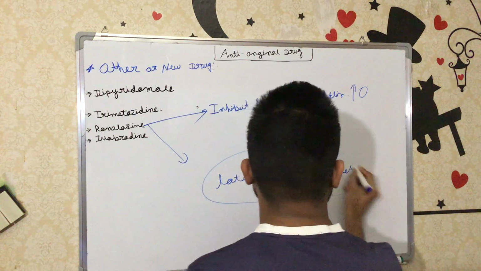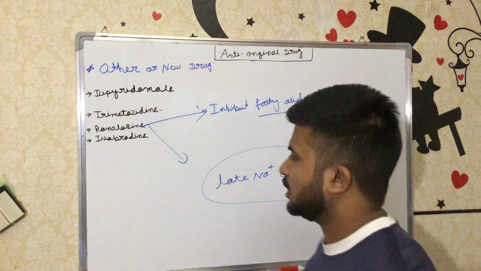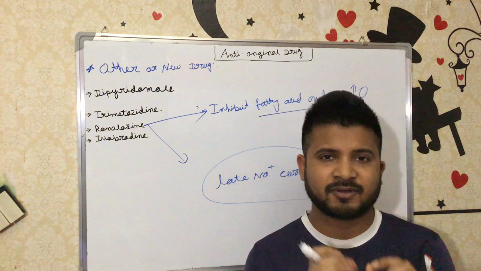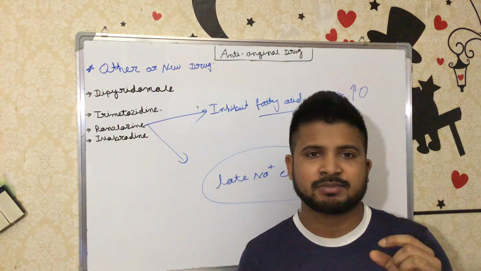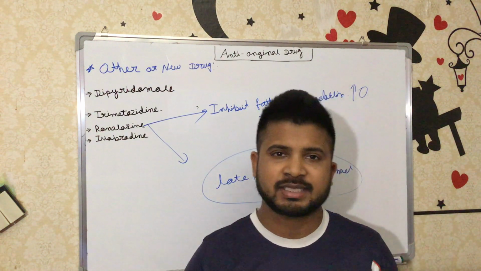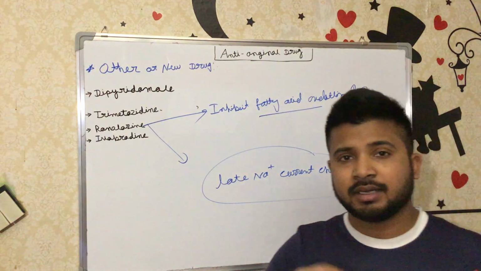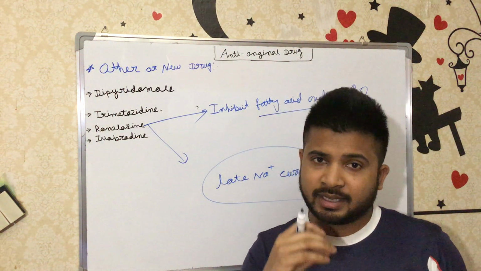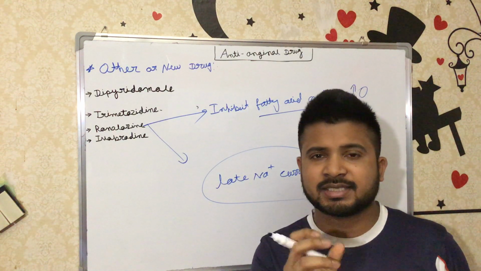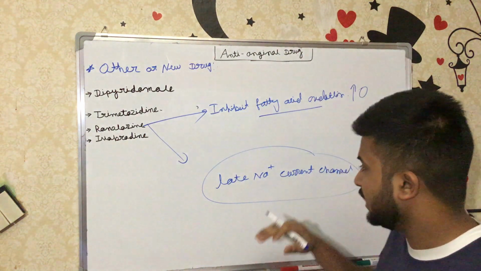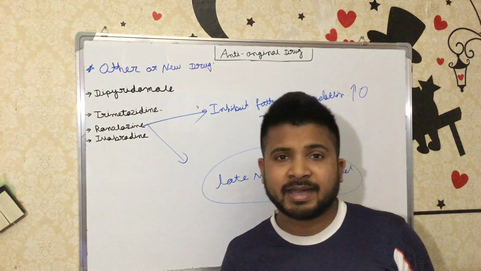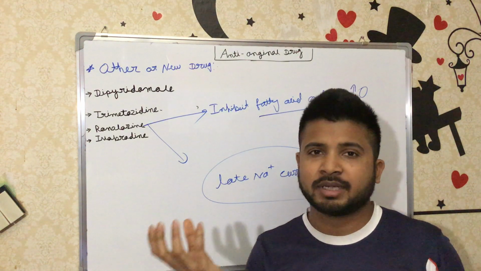Actually, what is the late sodium current channel? During depolarization, in the first phase the sodium channel is open and sodium goes inside, and then the cell becomes depolarized. After that, the calcium channel opens. Once any cell becomes depolarized, the late sodium channel current maintains the depolarization, or we can say prolongs the depolarization.